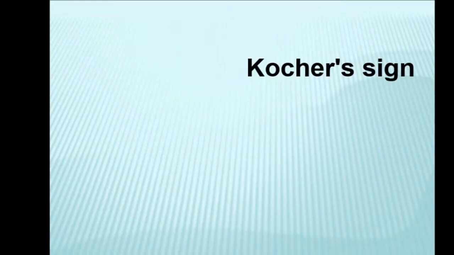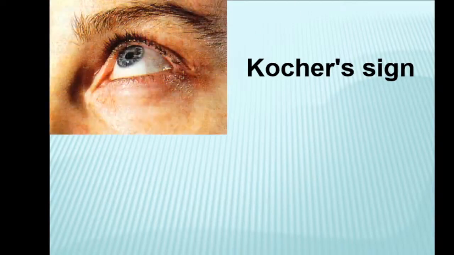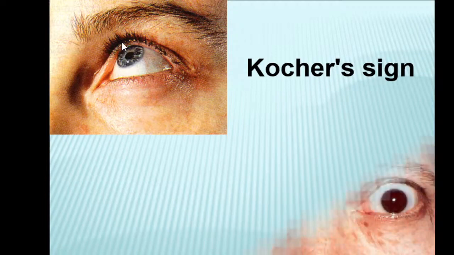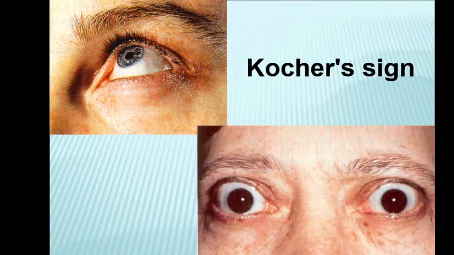Kocher's sign. We'll ask the patient to fix the subject which will move upward. And again, normally, eyeball and eyelids move synchronously, and upper eyelids always cover the eyeball before iris. Patient with thyrotoxicosis, eyeball delay from eyelids, and again we see a white strip between iris and upper eyelids.